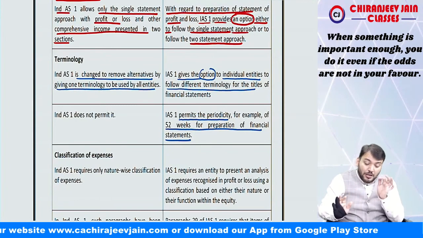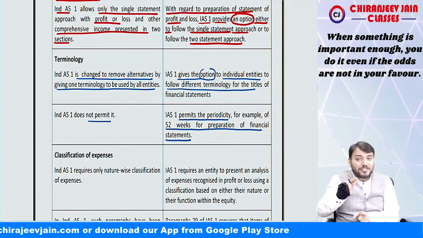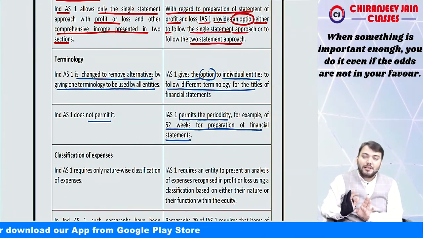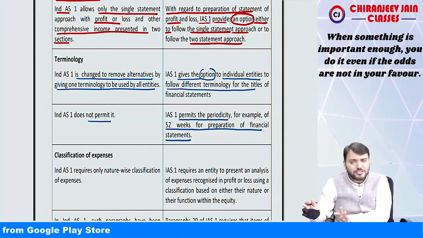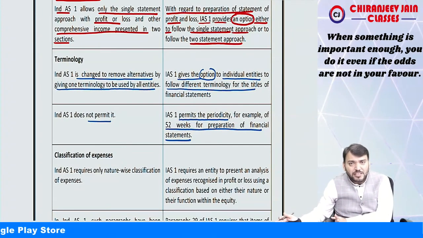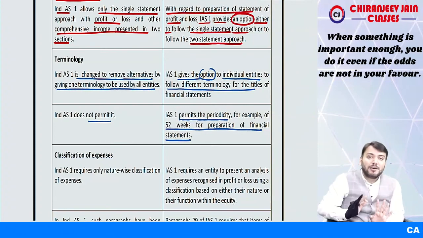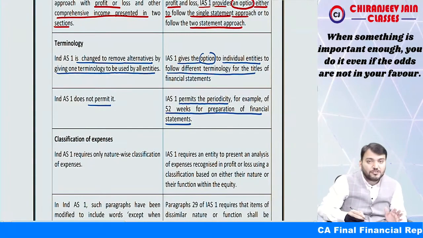Correct? Understood? But this is not given under Ind AS 1 because preparation of financial statements will be decided as per legal requirement. As per the Companies Act, every company should prepare financial statements at the end of each financial year, that is 31st March. But this is based on legal requirement, therefore such provision has not been given.